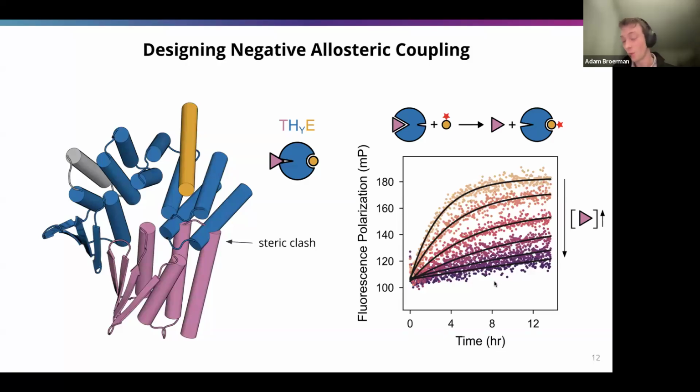For one, this is great because it shows that we indeed designed this allosterically coupled complex, but it's also not really what we want, because it shows there's not a rapid pathway for the effector to bind and displace the target. So now we move on to the second step.